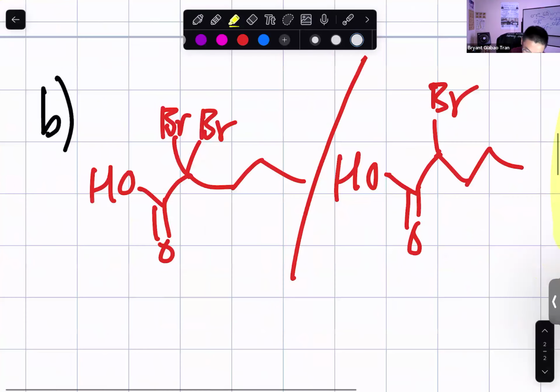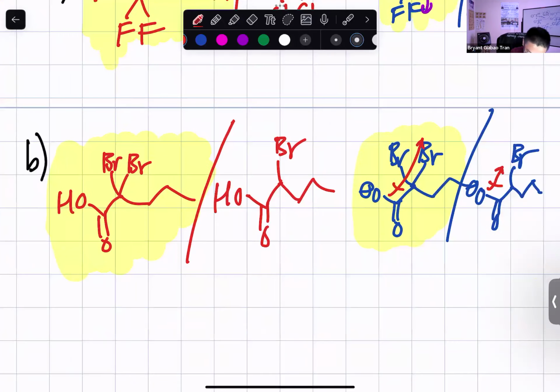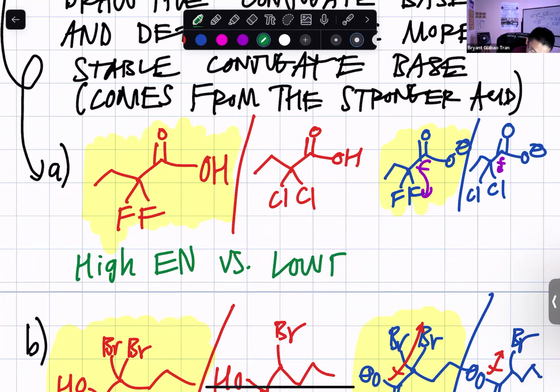So that's the second factor. Let's look at the third factor of induction. Let me label this as well. The first factor was looking at high EN versus low EN.